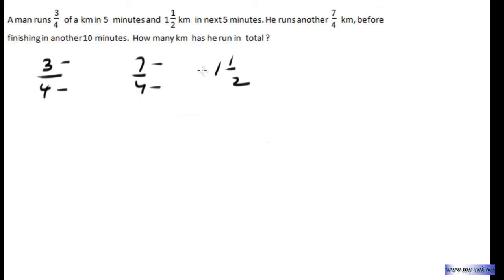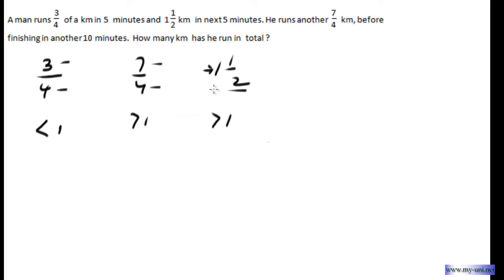It is composed of a whole number, 1 in this case, and a proper fraction, which is a half in this case. A proper fraction represents a quantity of less than 1. An improper fraction represents a quantity of greater than 1, and the mixed fraction also represents a quantity of greater than 1.